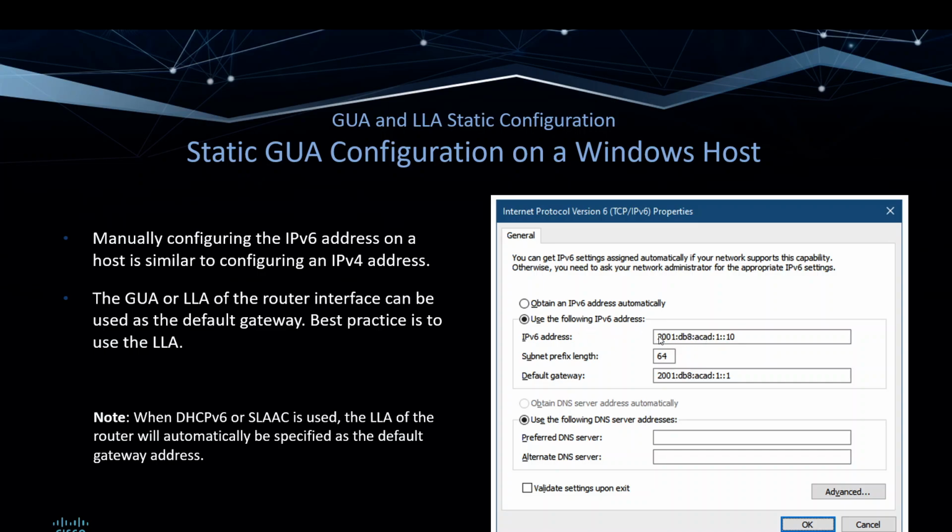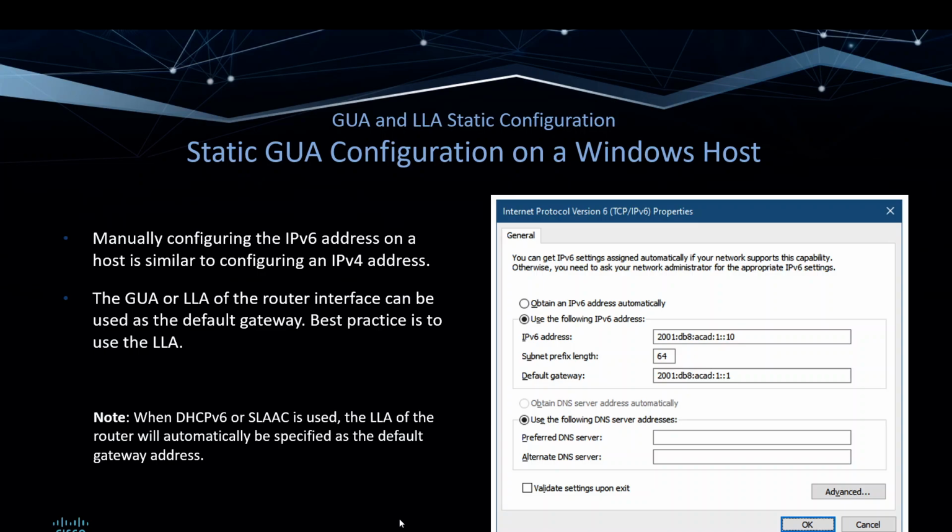If it's a server, we select use the following IPv6 address, type the IPv6 address and the prefix length, which by default shows 64. Then you need to specify the default gateway. If you have a local DNS running IPv6, you could use it, or you could use DNS servers on the internet.